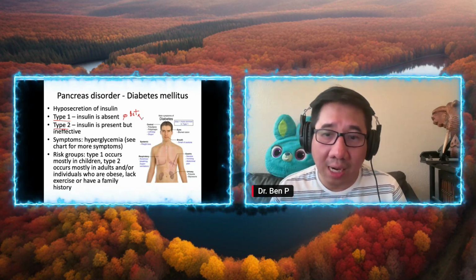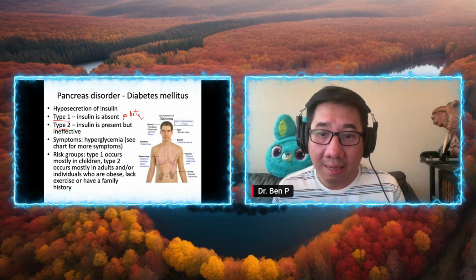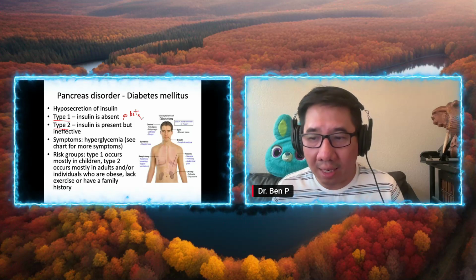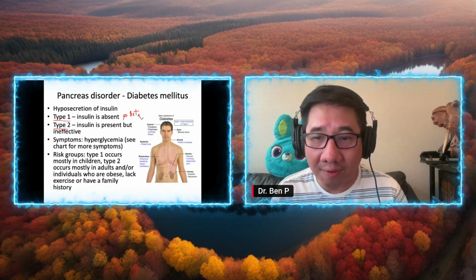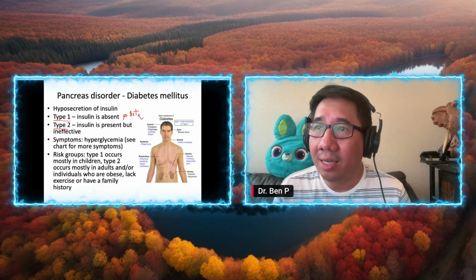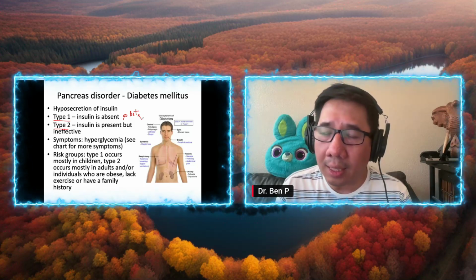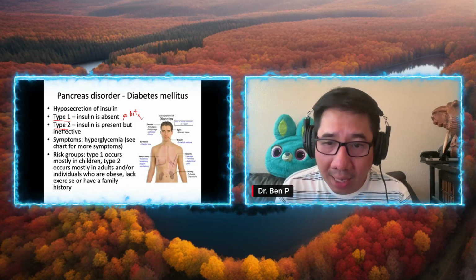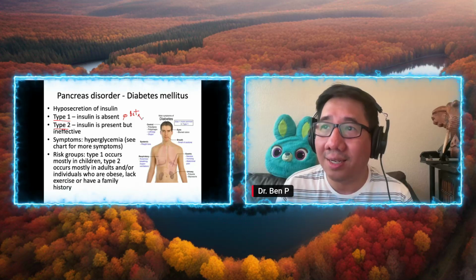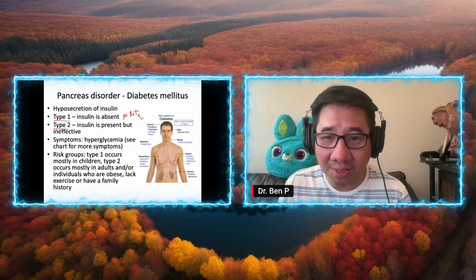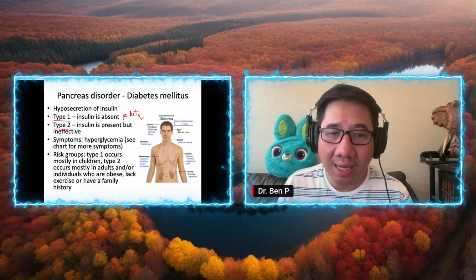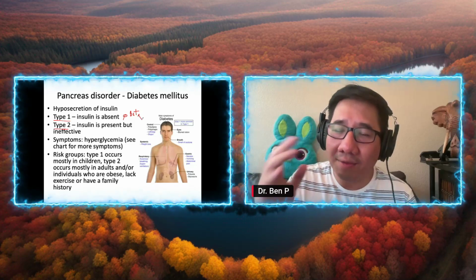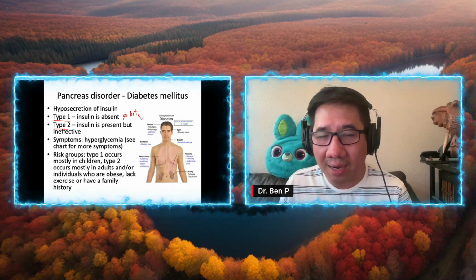This is the one that runs within the family. Type 2 is basically you do make insulin, but you don't have the receptor to take that insulin.